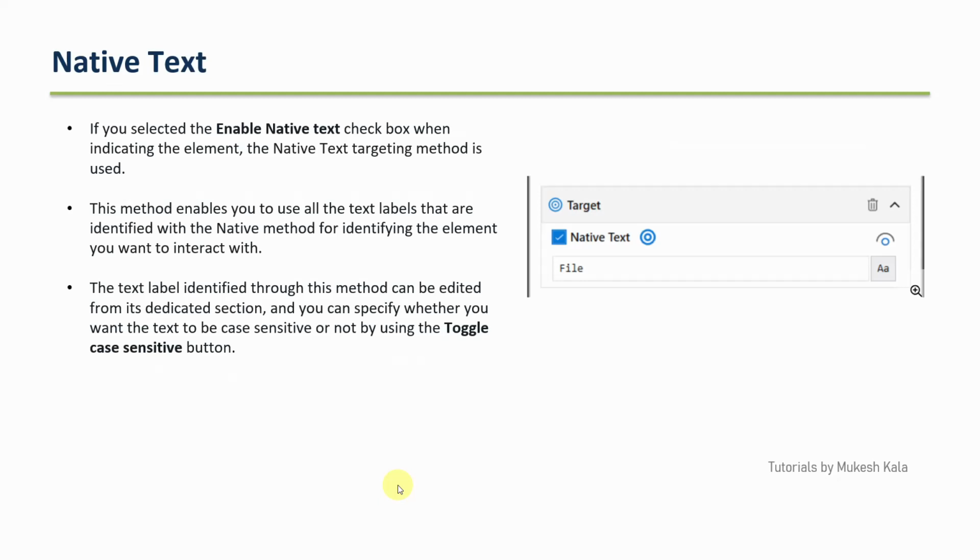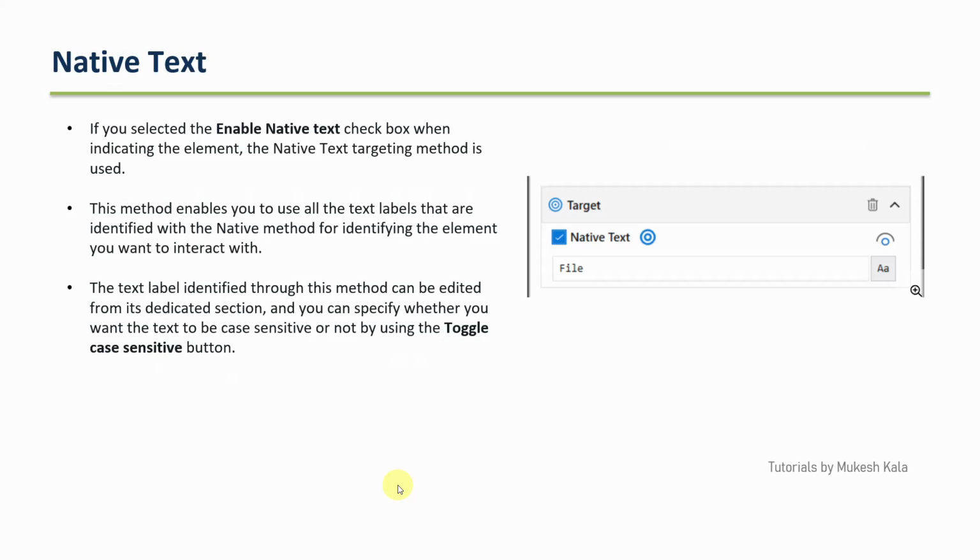When you talk about text, because this is a text selection, it is important that the case becomes important. You might have a user interface with two buttons, one is file in small and the other is File in capital. You have a duplicate file button.